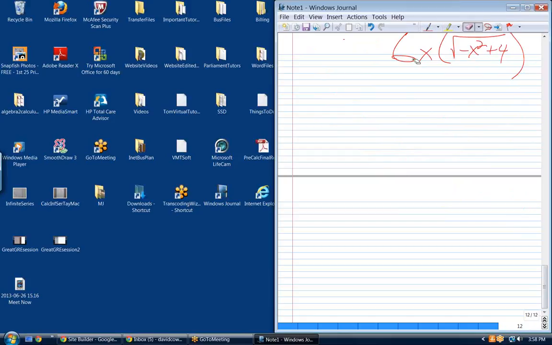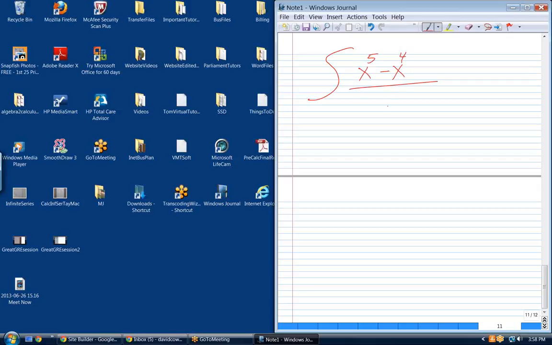All right, then. Our next integral is x to the 5th minus x to the 4th all over 5x to the 6th minus 6x to the 5th dx.